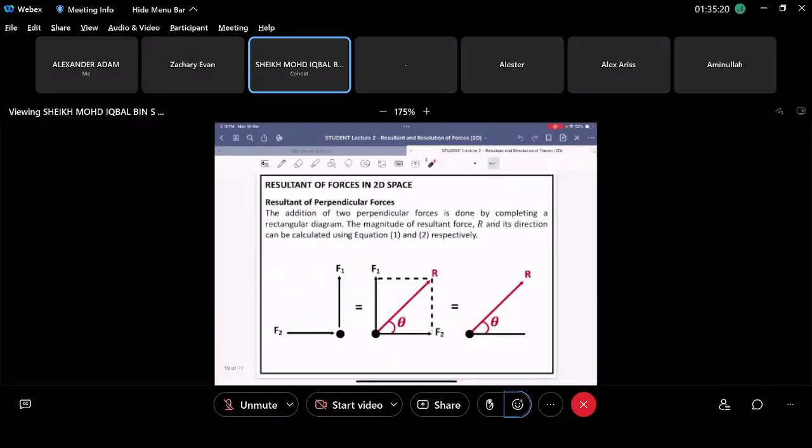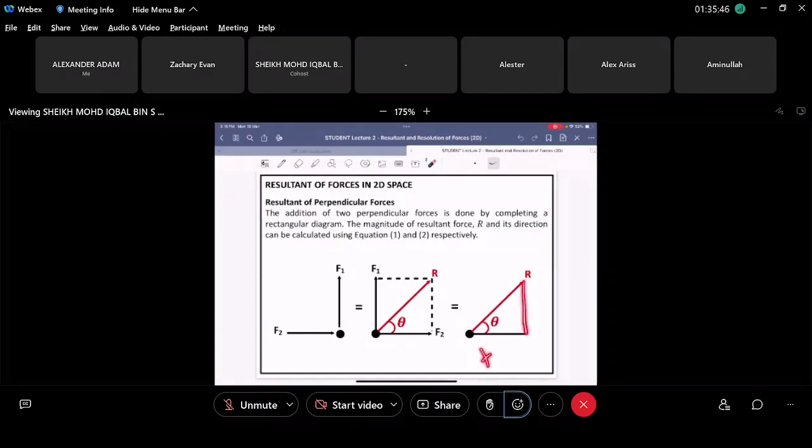So to calculate this, you use the Pythagoras theorem: square root of F1 squared plus F2 squared, and you get your resultant force. The direction, you know it's going upwards to the right, but you don't know the angle. Remember, this is a vector. It has to have a direction, which is the angle here. So how do you calculate it?